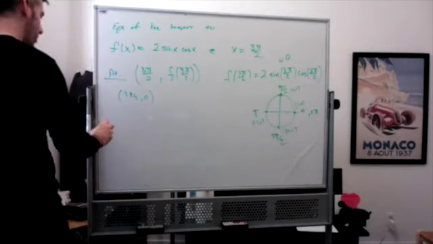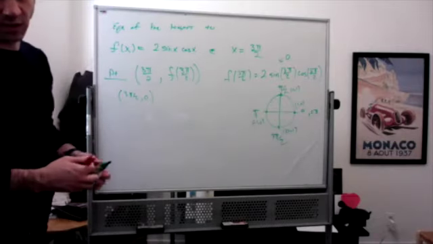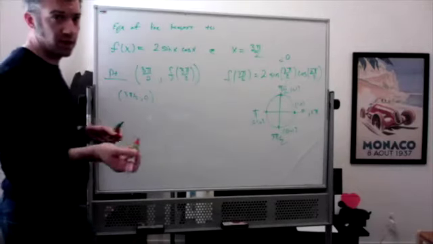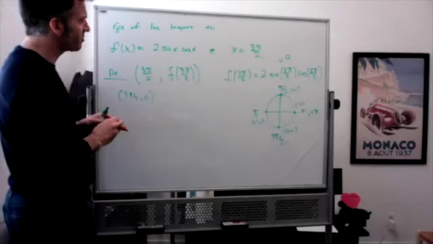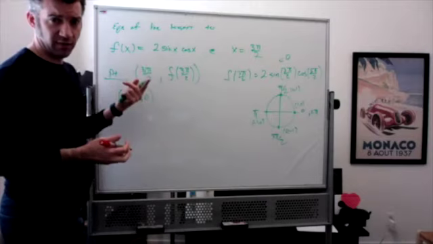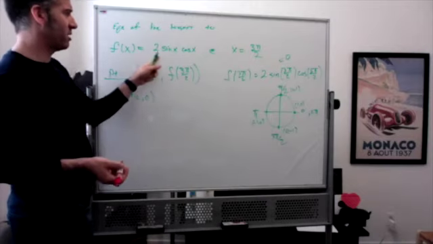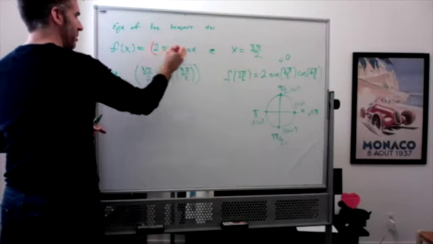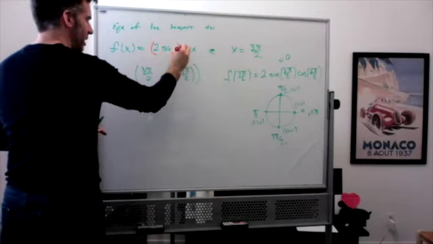Our slope, we have to take the derivative. I'm going to take the derivative the obvious way, by just using the product rule. You can think of the 2 just living out in front, but when I have a constant with a product rule, I like to attach it to one of the pieces. So I'm going to think of this as 2 sine x times cosine x.